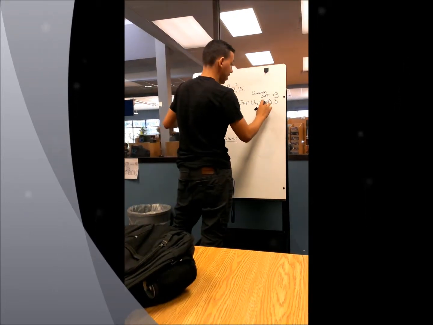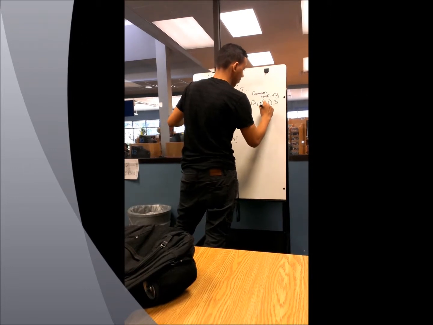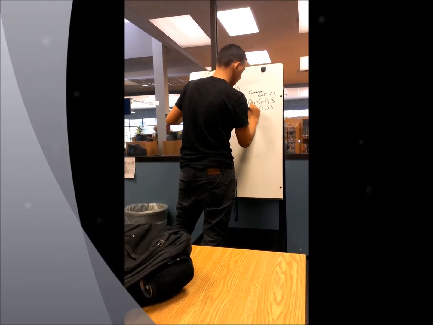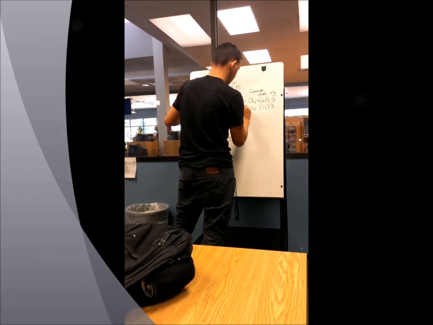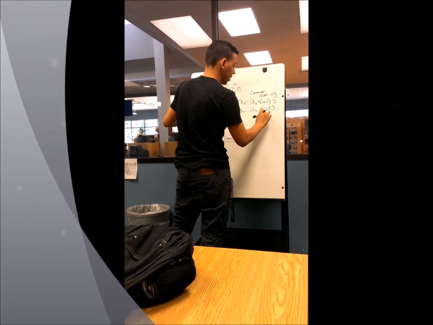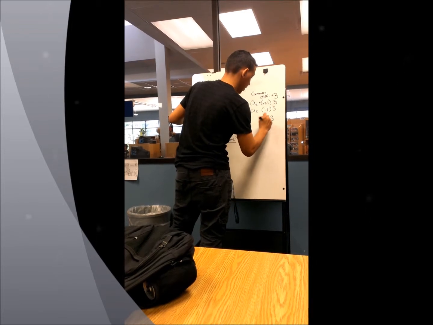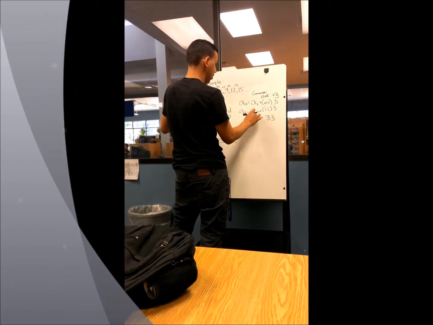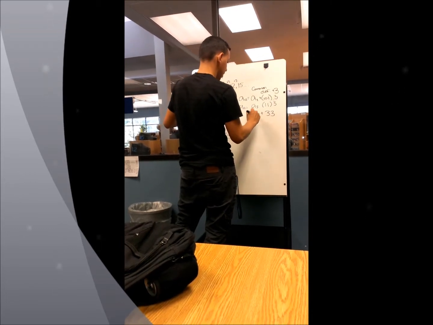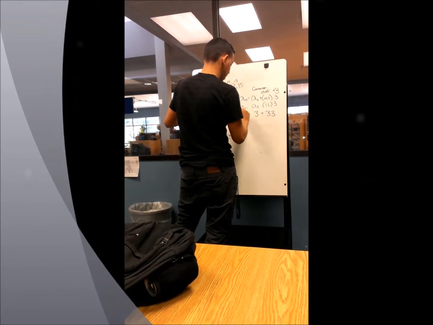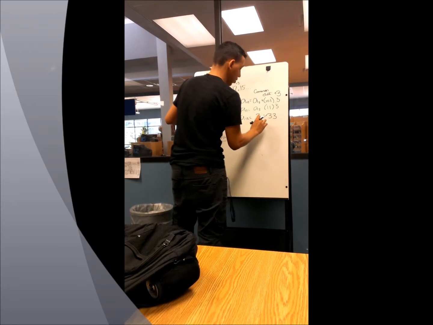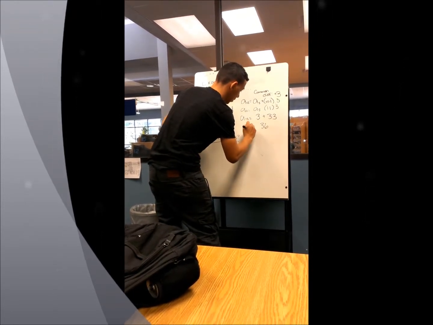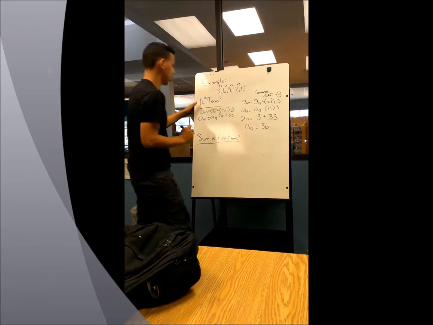And once you work everything out, 12 minus 1 equals 11, times 3. 11 times 3 equals 33, and that plus the first term, which is 3. 33 plus 3 equals 36, and that's your answer for the term you're looking for.